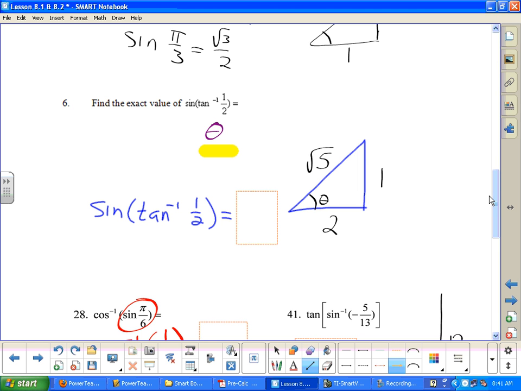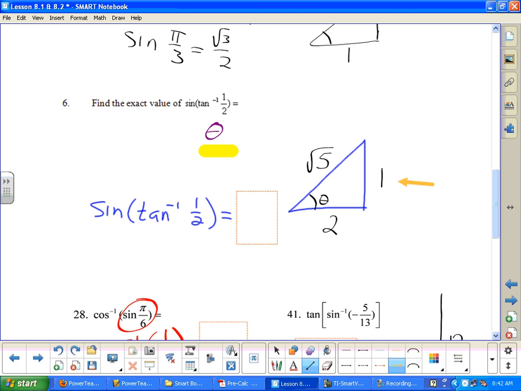Here it asks us to find the exact value of the sine of the inverse tangent of 1/2. Now, does tangent ever equal 1/2 on your unit circle? No, it's not. Never equal to 1/2. Okay, so that means I have to make a triangle. And here's my triangle. Okay, tangent is opposite over adjacent, so I make my angle.